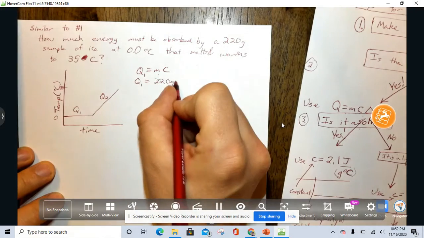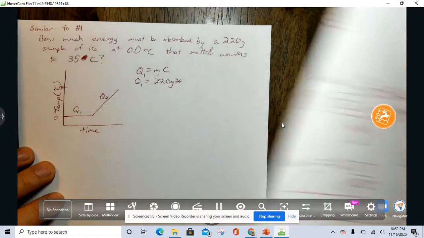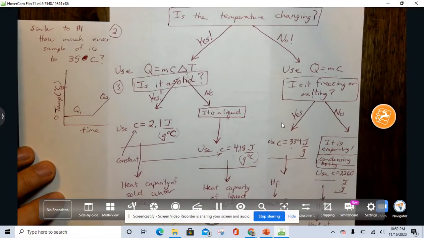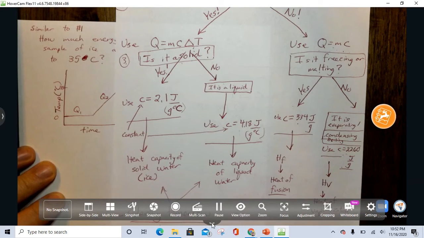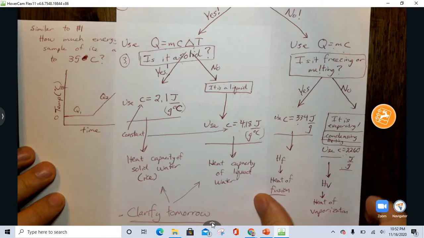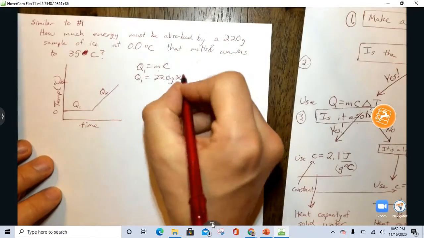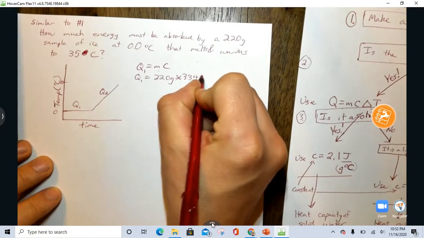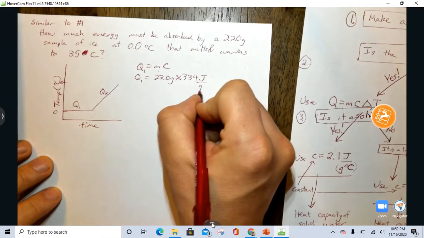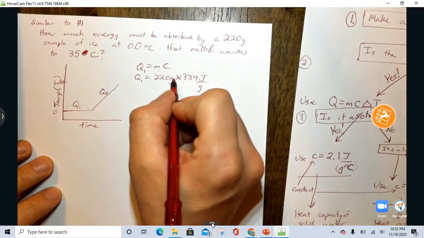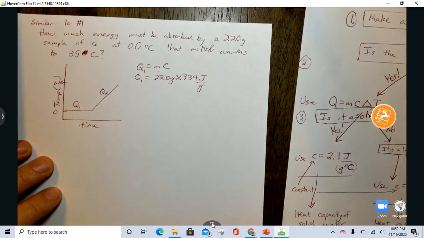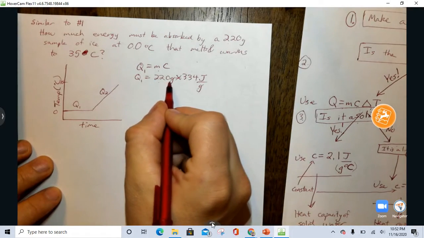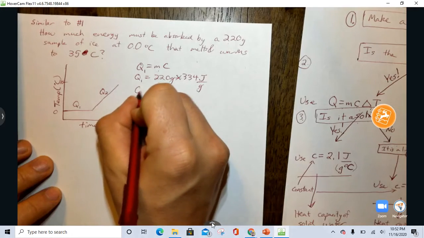We know our C, we just said, was the heat of fusion, 334 joules per gram, because it's not going to be joules per degree, then we'd have something in the denominator we don't need. So we've got 220 times 334.